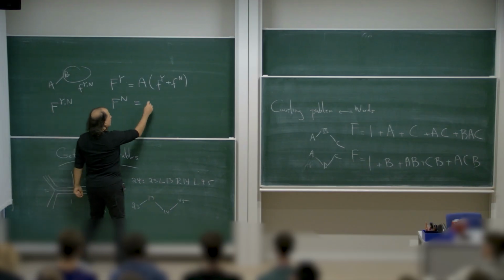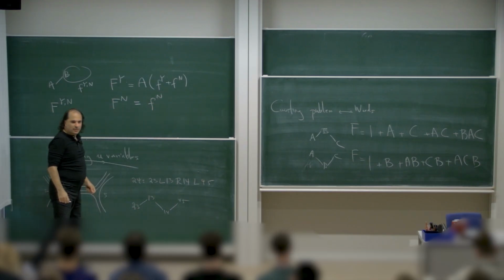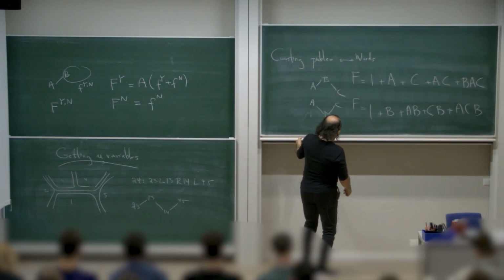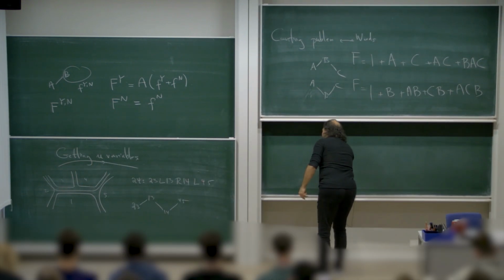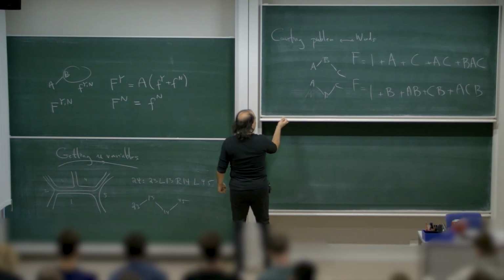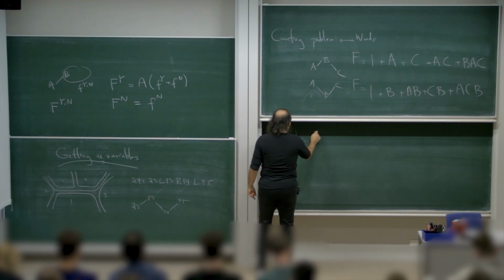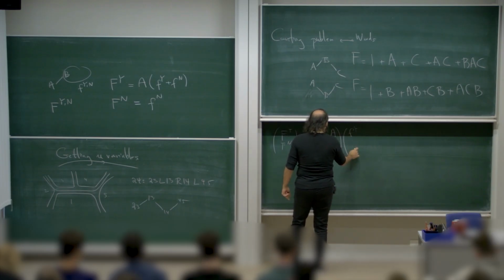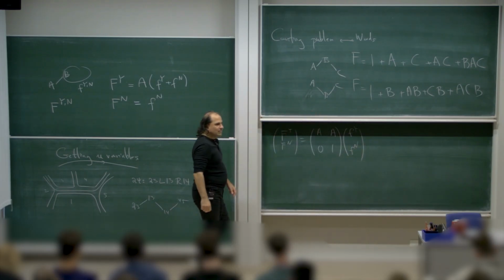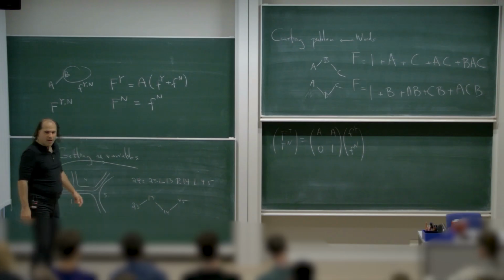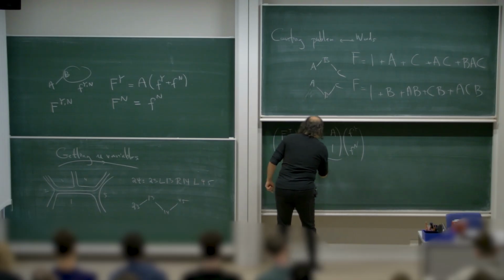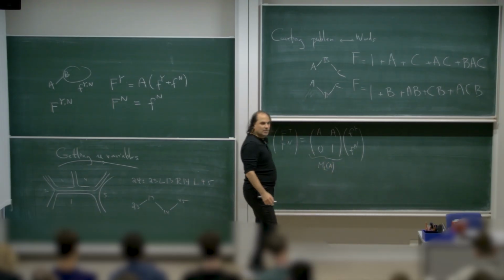So this is just equal to F no. And so we immediately learn that F yes and F no is this little 2 by 2 matrix, A A 0 1, times little f yes and little f no. So when I turn up, I get that little 2 by 2 matrix. Okay? So I'm going to call this M left of A.